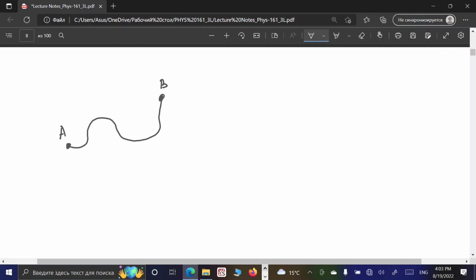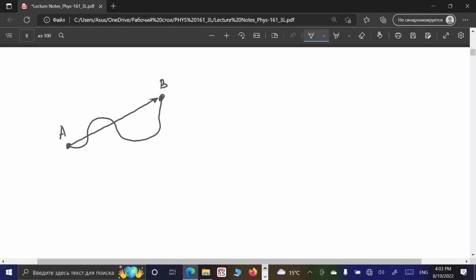So it actually moved from point A to point B, but the length of this trajectory is called the path of this body, which it made while traveling from point A to point B. However, path is just a number because it's just the length of this trajectory. There is another parameter which is called displacement, so we will also discuss it a bit later.